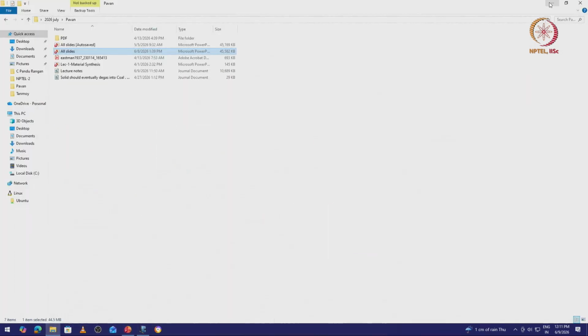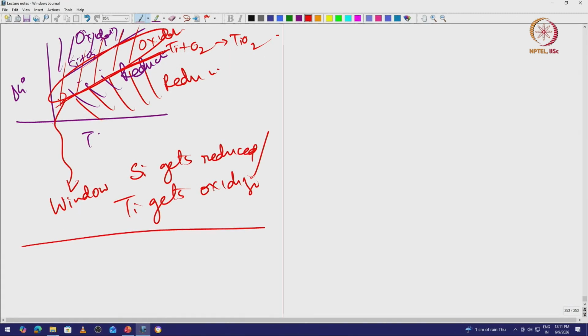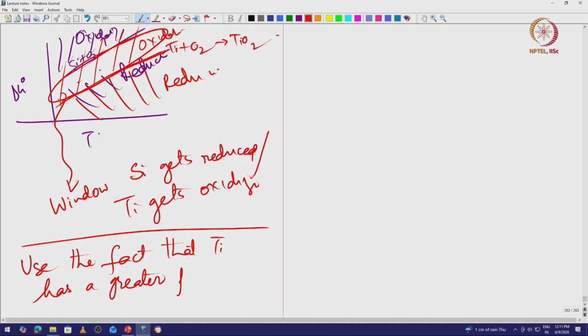So, now my reactive species is not a gas anymore. I am going to use the fact that titanium has a greater propensity to oxidize than silicon.